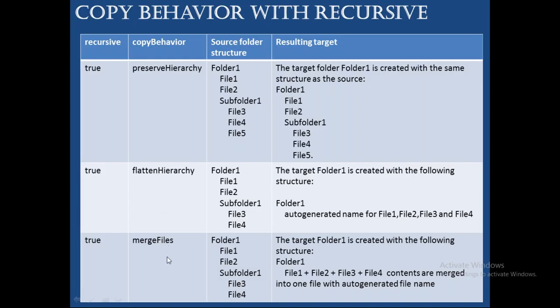Merge files means it doesn't matter where your file is. Maybe your file is in a subfolder, your file will be there in the root folder. All the content of these files will be merged and given as a single file. It will return a single file. That file name will be generated automatically. But if you want to give your own name, you can give it. You can customize that particular file name.